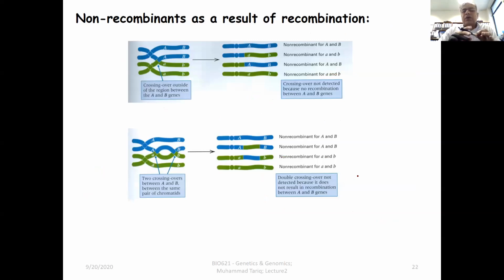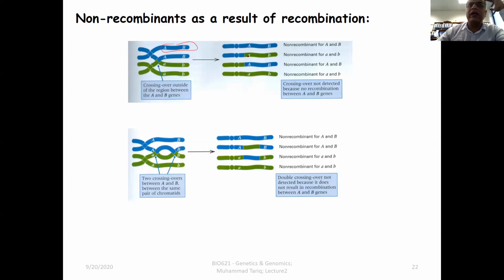I already told you, if the physical distances are long, or sometimes recombination gives you no non-parentals or no recombinants, and the reason could be that recombination is taking place near centromeres. So our genes of interest are not within the same distance.